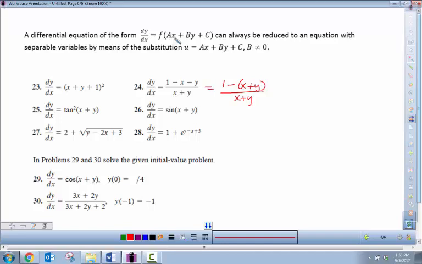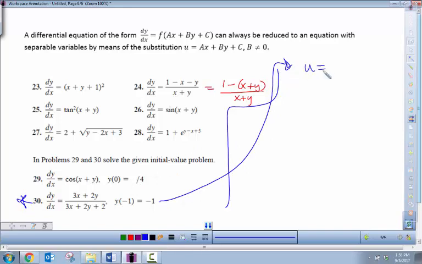So let's do one of these problems. Which one should we do? We could do an initial value problem or just solve the differential equation, with 2 minutes left. Let's do number 30, for example. So number 30.